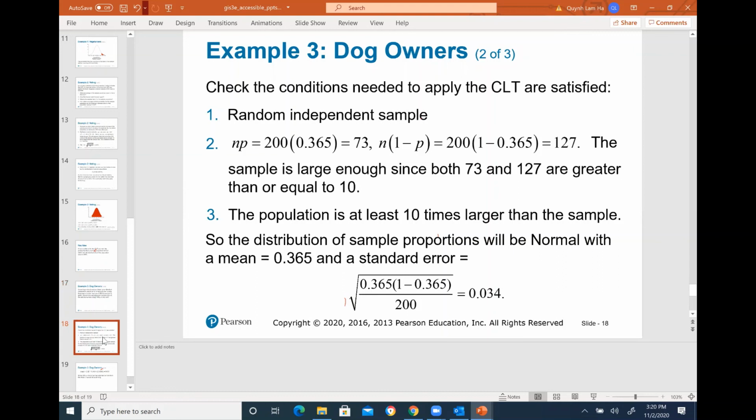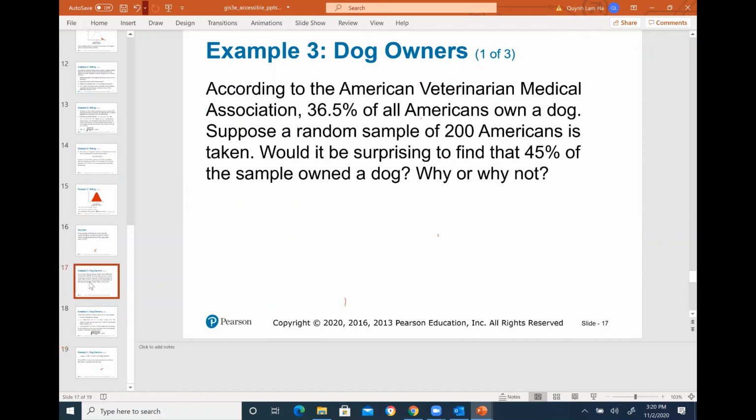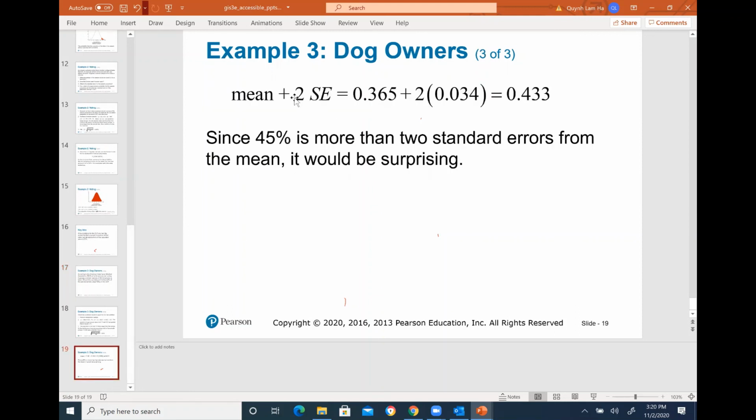After we got the value right there, in order to answer this question, you can use the empirical rule again to apply it to 45%. To answer the question like I asked, would it be surprising to find that 45% of the sample own a dog? We use the 95% empirical rule right there.